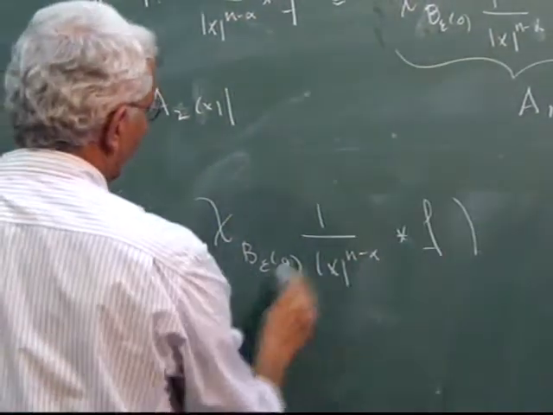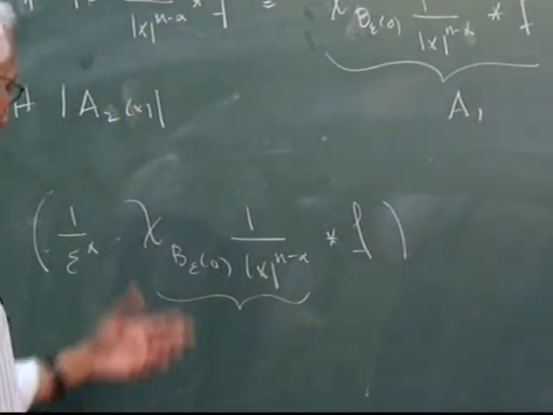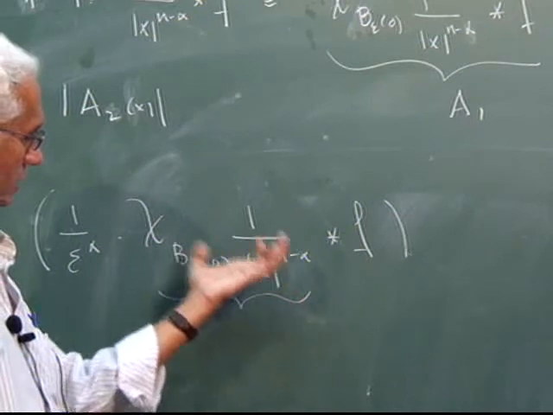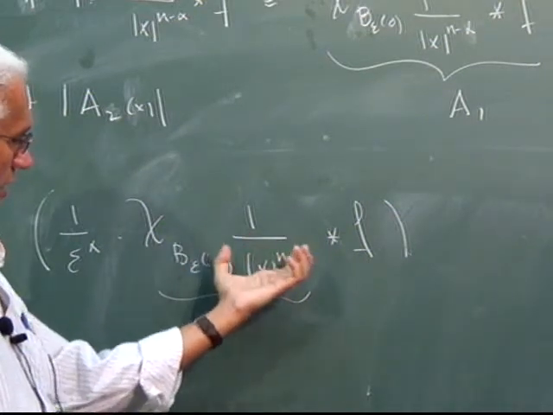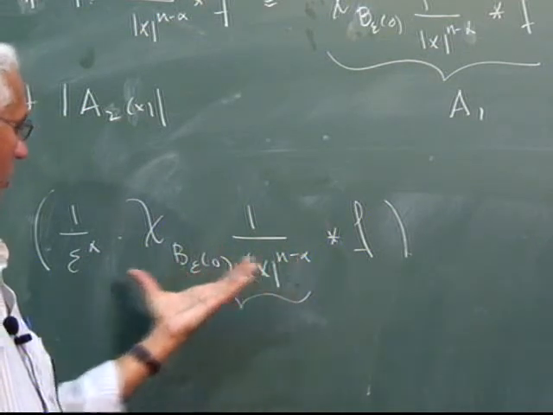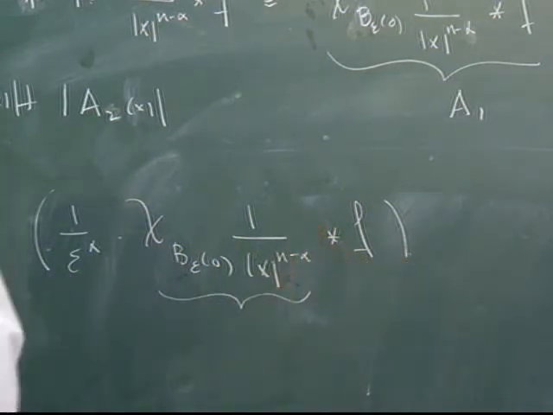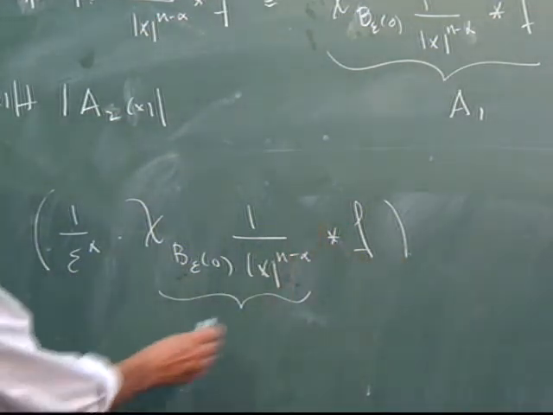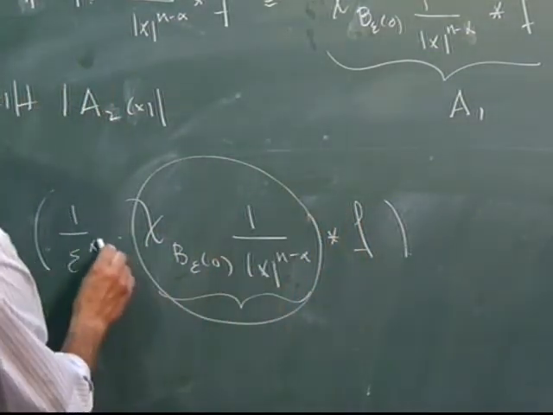This is the convolution with this kernel. How is this kernel? This kernel is the characteristic of some ball and is decreasing, is 0 after that, is integrable. Then this is controlled by the maximal function. Okay? Therefore, this is less. The measure of this in L1 is exactly this quantity.